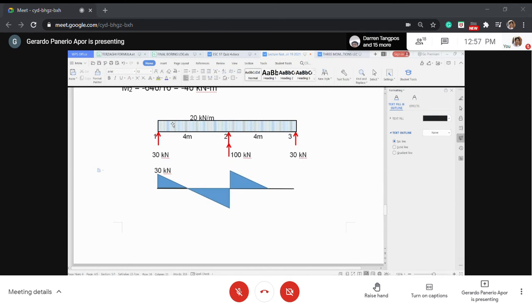Then we have at negative 20 times 4, that is 80, that's going down between 1 and point 2. So point 2 here will become negative 50. This is negative 50 kN. But there is a 100 kN, so that brings back to positive 50 here. Positive 50 kN. Okay.